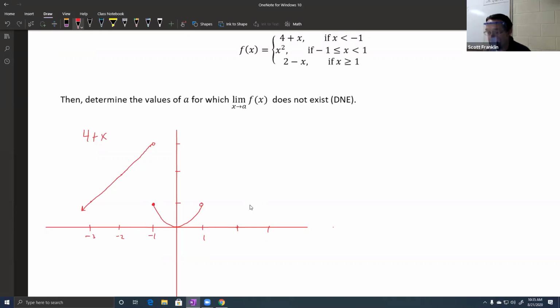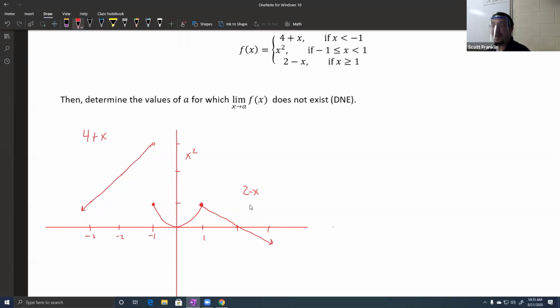And since it's or equal to, I can plug in 1 into this equation, and it also has a height of 1, so there's actually a dot right there. And it goes down 1 over 1 like this. This is the graph of that piecewise function, okay? Because in here it's x squared, and over here it's 2 minus x. And I put dots corresponding to where the output would be based on the or equal signs in my inequality. Okay, so that's the graph.